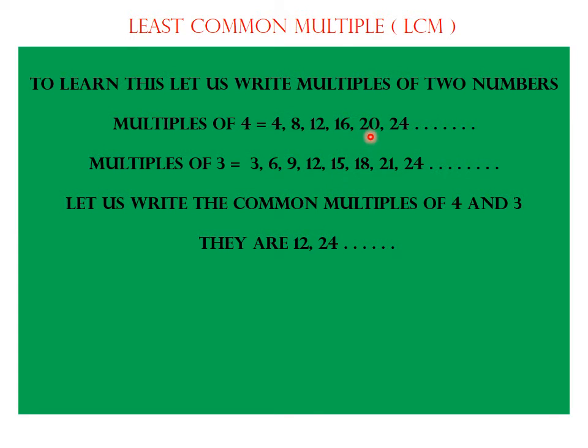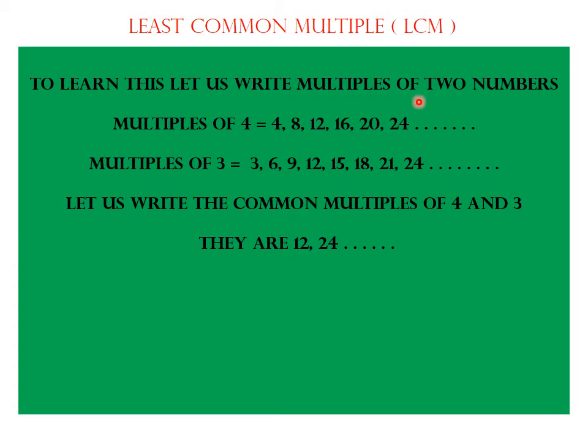20 is a multiple of 4 but not a multiple of 3. 18 is a multiple of 3 but not a multiple of 4. Therefore, it is not a common multiple. Again, if we observe, 24 is a common multiple. It is a multiple of both 4 and 3. Therefore, another common multiple is 24.